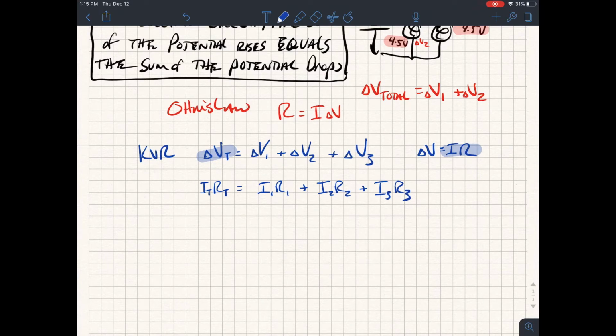We can also then apply KCR, which says that I total is equal to I1, and in a series circuit, the I at each of those positions are all going to be the same.